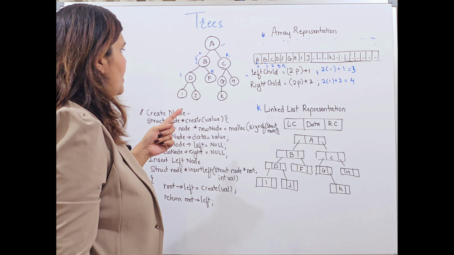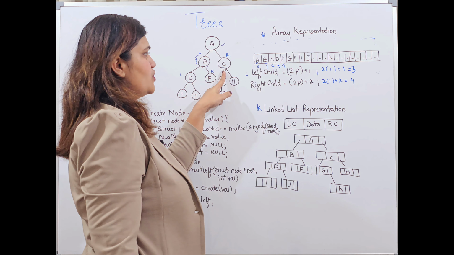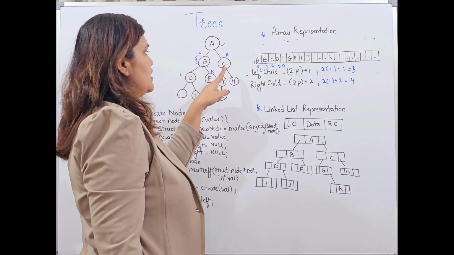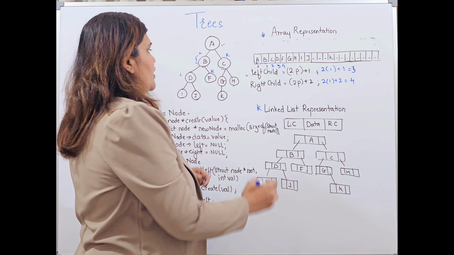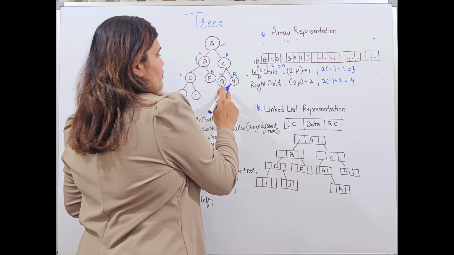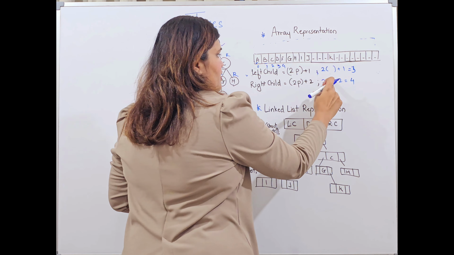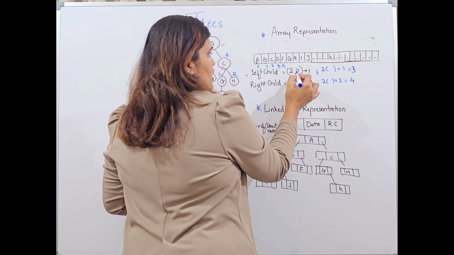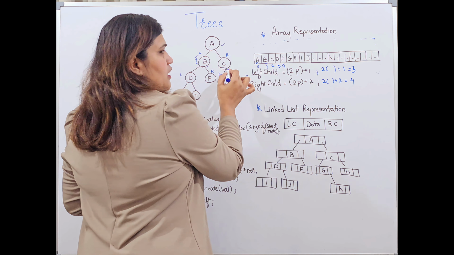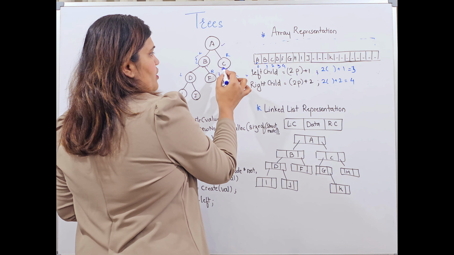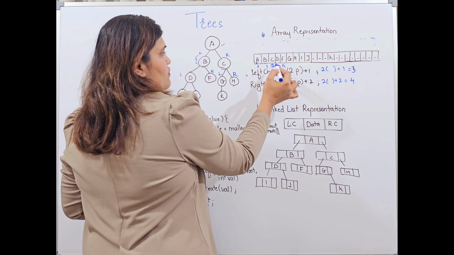Okay. Next, we move to the right child. Now right child is what? C. C has again two children, left and right. Again, I need to find out where to put the left and right child into the array. So I'll again do the calculation. Now in this, the value of P will change. The value of P will be the parent node's index value. So what is the parent node? C. What is the index value of C? 2.